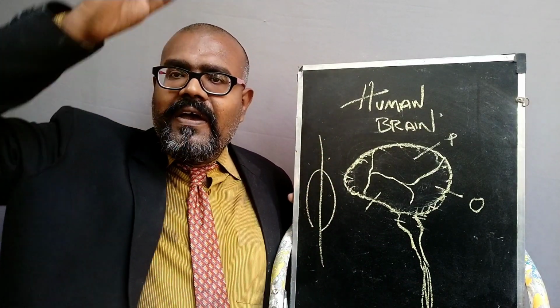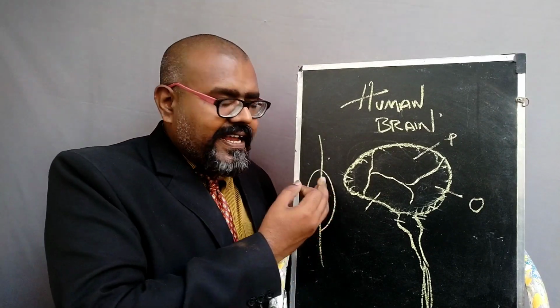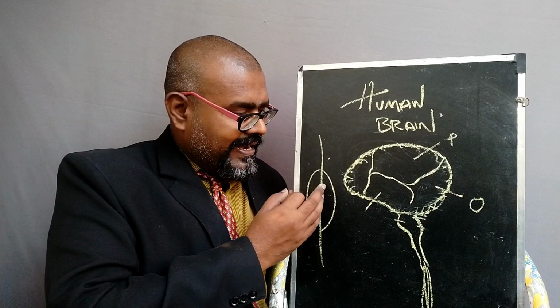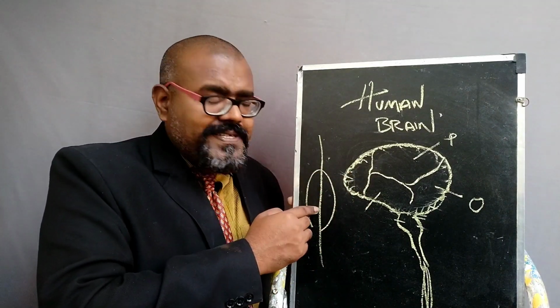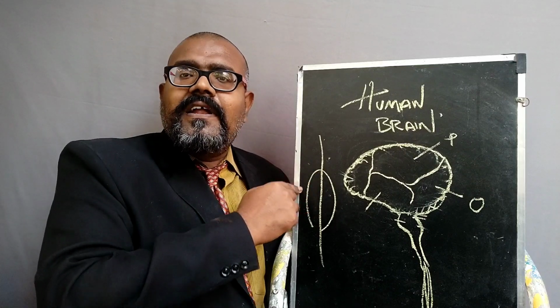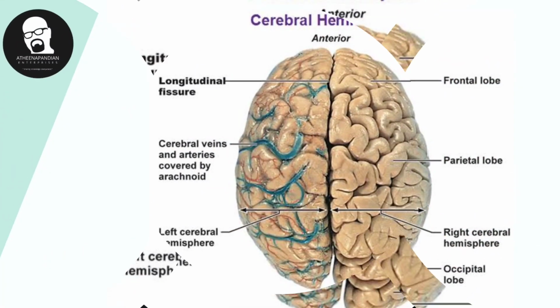From the top view, we can make a cross section. On the left side, we have the left cerebral hemisphere. On the right side, we have the right cerebral hemisphere. From this, we can consider four different lobes in each hemisphere.